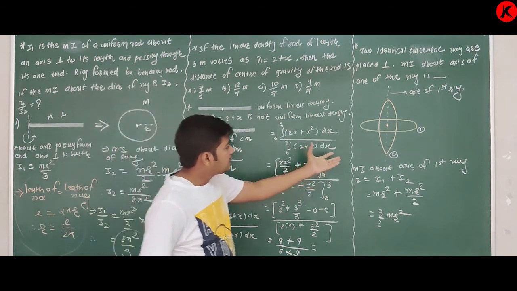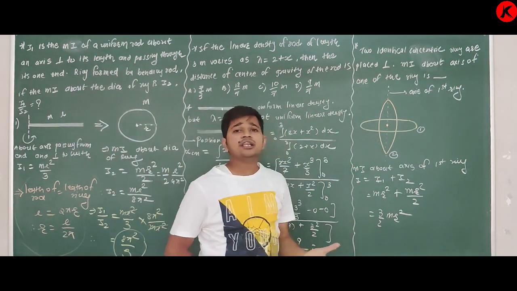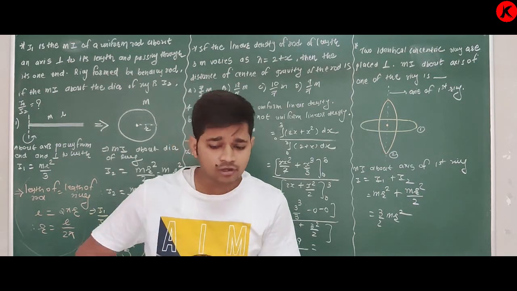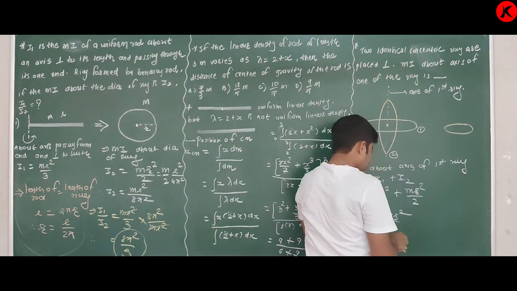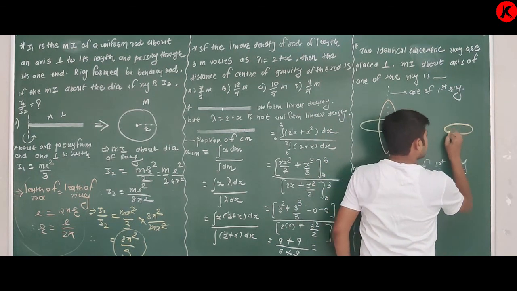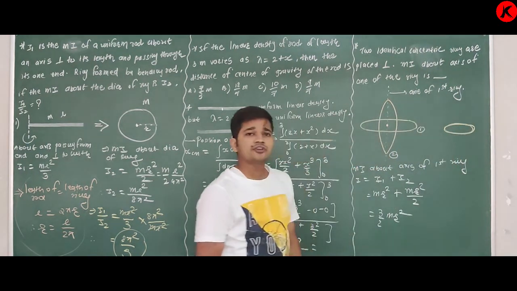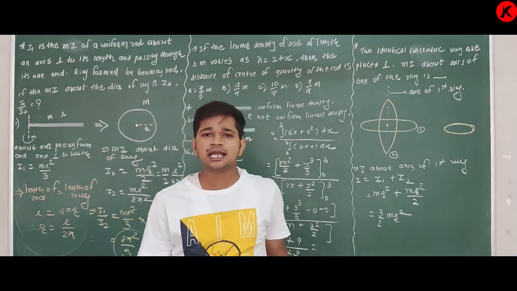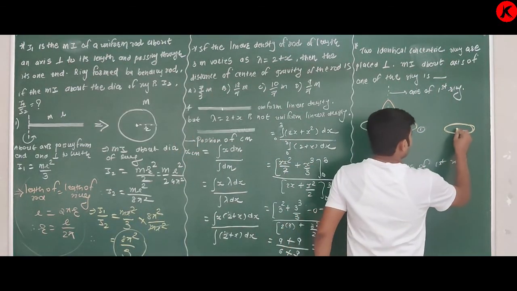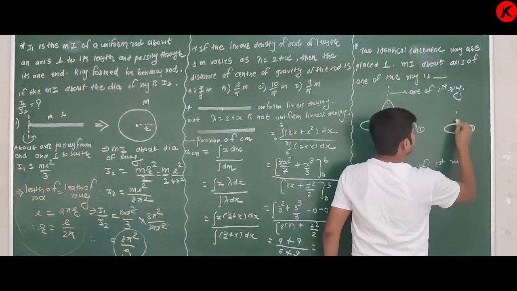If rings are placed coaxially, meaning one ring is like this and another ring is also like this, then the moment of inertia will be mr square plus mr square, means 2 mr square, because they both have the same axis.